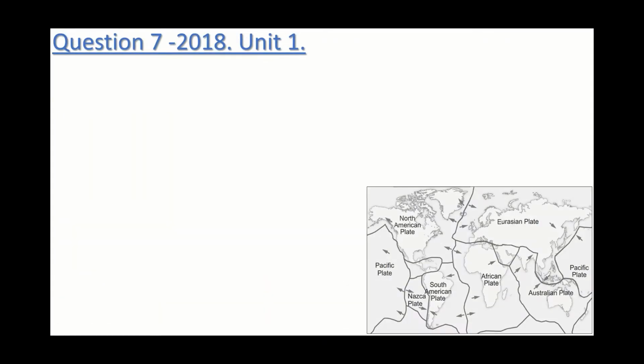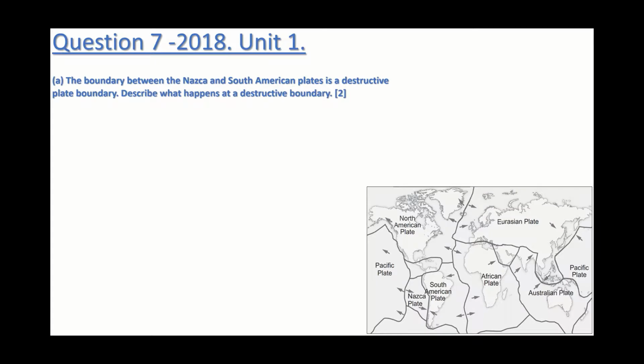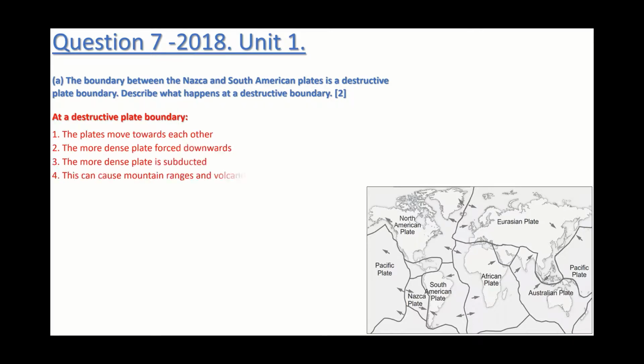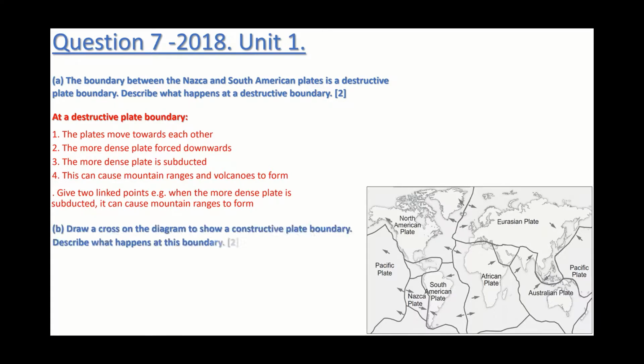Moving on past the QWC to question 7 now, and the first part of this question, analogous to the last question, asks you what happens at a destructive plate boundary. The explanation is the exact same as for the last question, so nothing new here. The next part of this question then asks you to identify on the diagram on the bottom right here a constructive plate boundary.